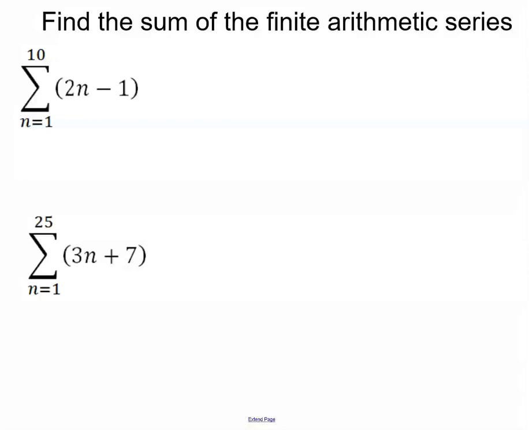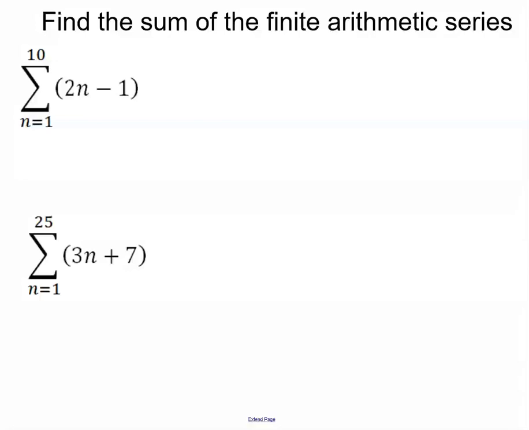Okay? And there's one of two ways that you can do it. First of all, I will point out that arithmetic sequences, if you remember what that formula looked like when we found the explicit rule, it was a linear function.